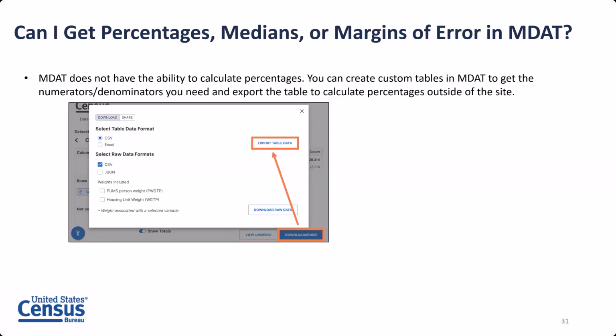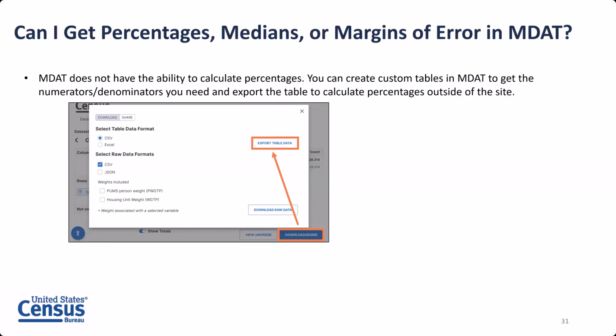In keeping with different limitations of the Microdata Access tool, I also wanted to mention, can I get percentages, medians, or margins of error in the Microdata Access tool? The short answer to this question is no. If you're working with percentages or hoping to create percentages, what you can do is use the Microdata Access tool to get the total counts that you would need to calculate the percentages of interest.